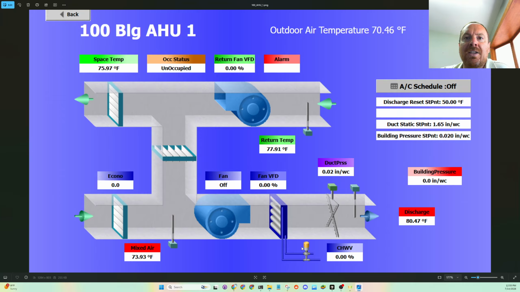I'm not measuring any leaking cooling valves. I don't see anything wrong in the data on that, but there's something really off here as well. I also have a hunch that this right here used to be the box where the minimum outside air damper positions were for the air handling unit, but it's gone.